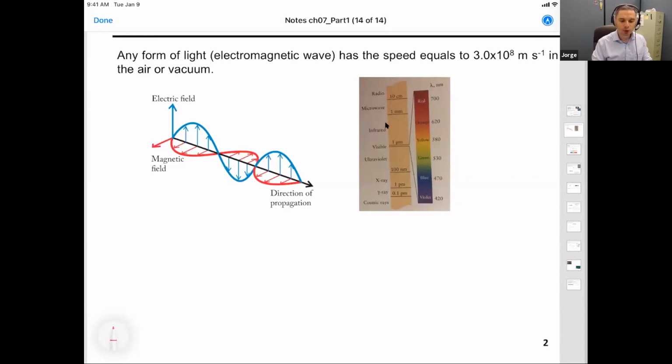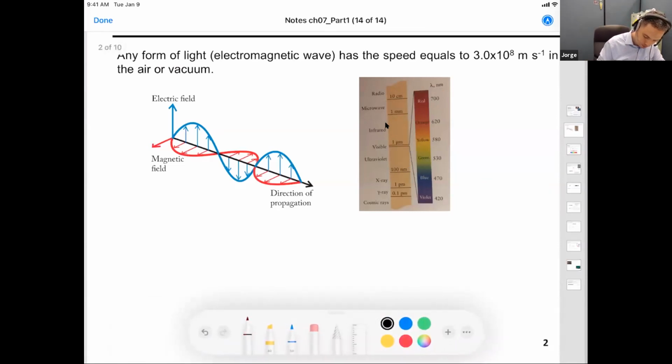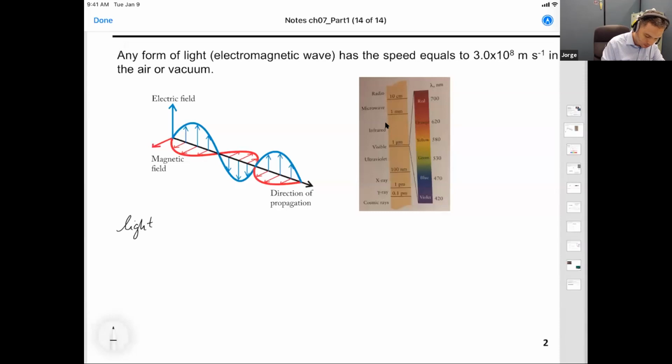To use the fundamental wave equation that I just showed you, I want to calculate the frequencies for the violet light and the red light. If we are talking about light, immediately we need to know that the speed of light in the air or in the vacuum is 3 times 10 to the 8 meters per second.